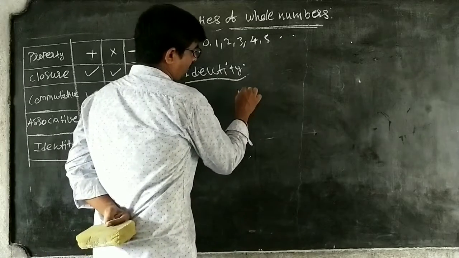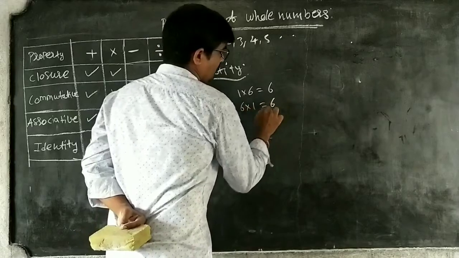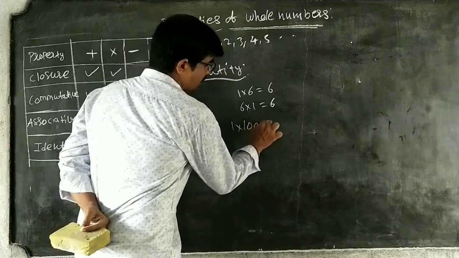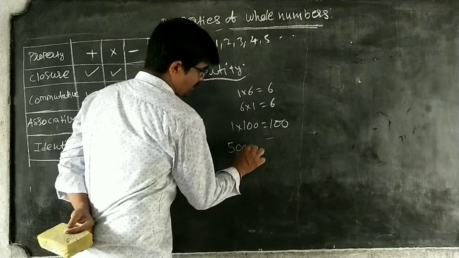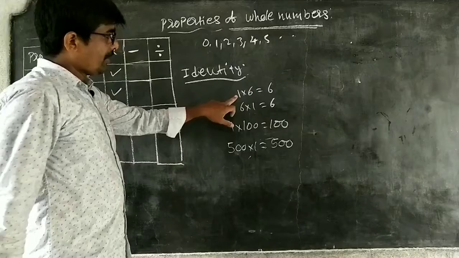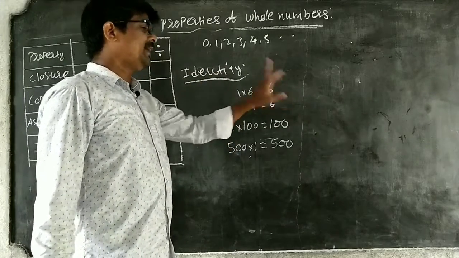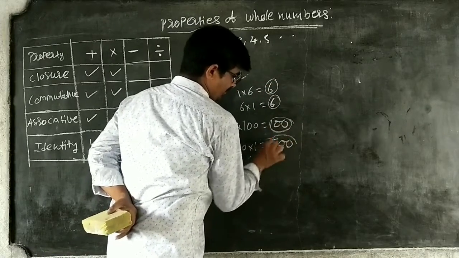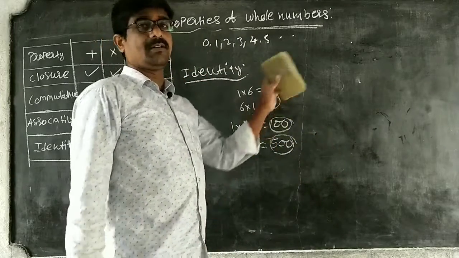Simple: 1 into 6 is equal to 6, or 6 into 1 is equal to 6, or 1 into 100 is equal to 100, or 500 into 1 is equal to 500. So if I multiply with 1, the result should be the same number. 1 into something is equal to something.